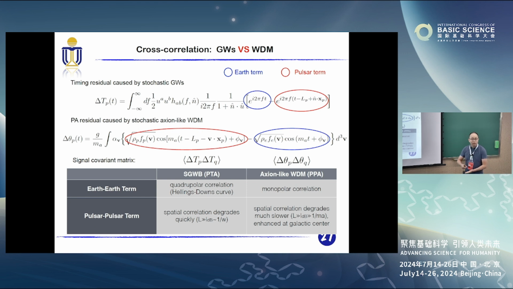So this is comparable to or even longer than the average separation of the pulsars used to construct the array. And because of that, the arrayed pulsars will be able to probe the spatial correlation induced by the nano-Hertz wave-like dark matter. So this is an important difference.